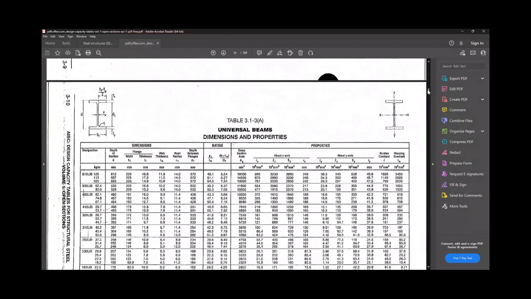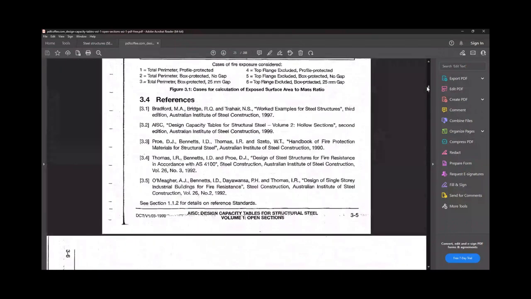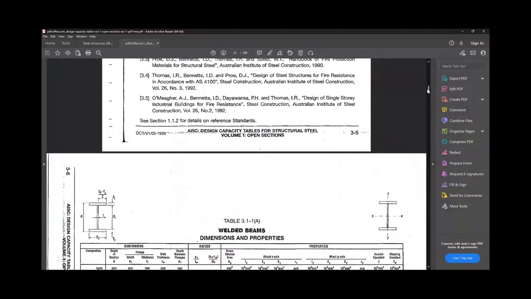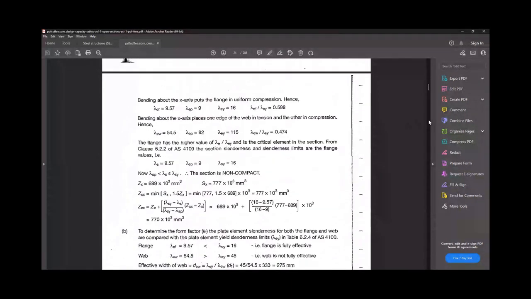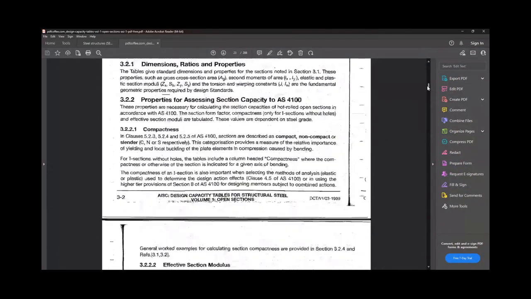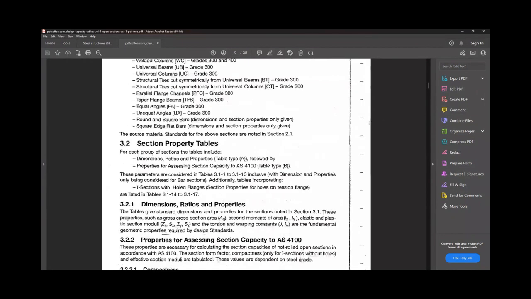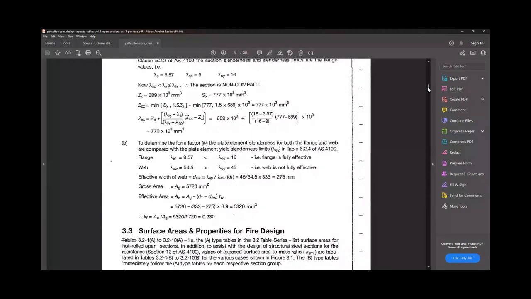The first section of the tables is section 3. This section is talking about the section properties. So part 3 of these tables covers the section properties, and you can find them depending on what you are looking at.